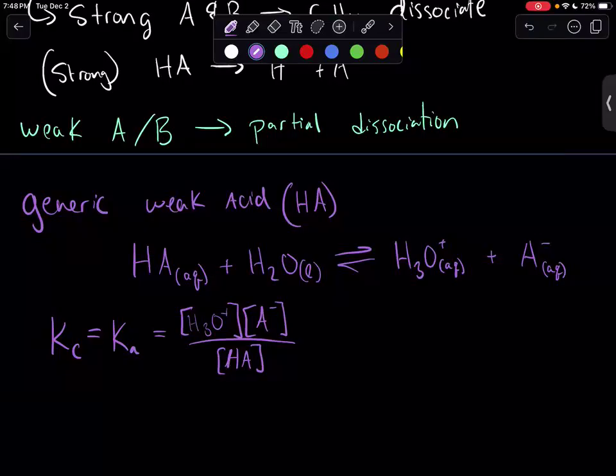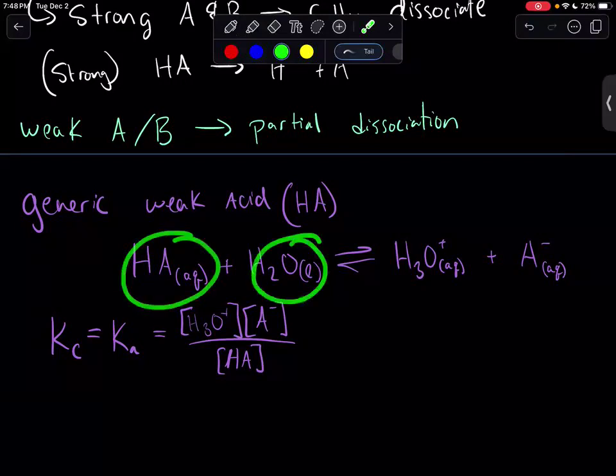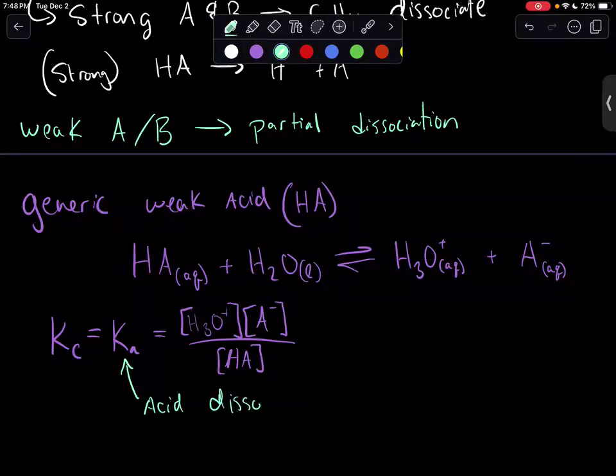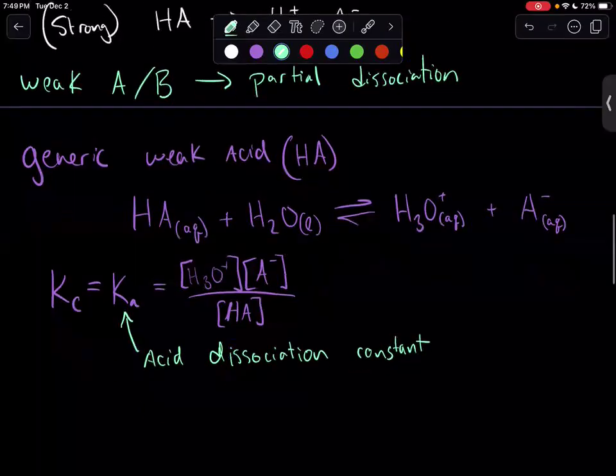This is a heterogeneous solution, meaning that it has states of matter of aqueous and liquid throughout. And so we're, of course, ignoring the liquid in our equilibrium equation. Once again, this Ka is specifically our acid dissociation constant.